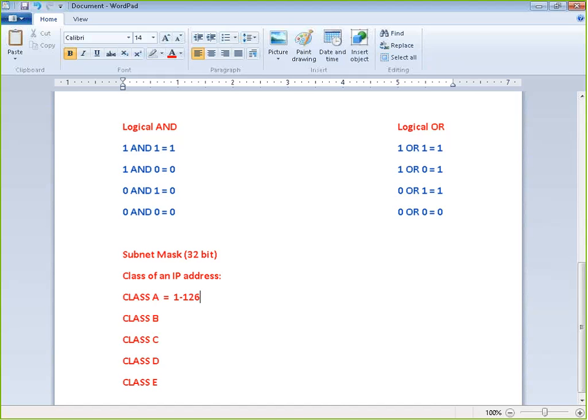That is class A. Class B ranges from 128 to 191 in the first octet. Class C is 192 to 223. That is the first octet.